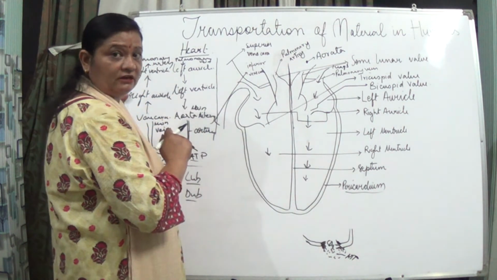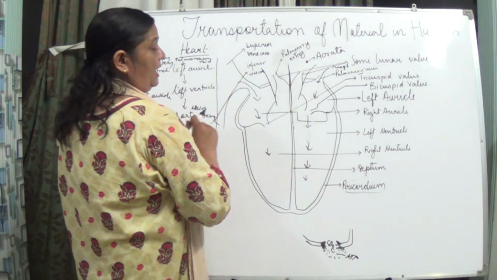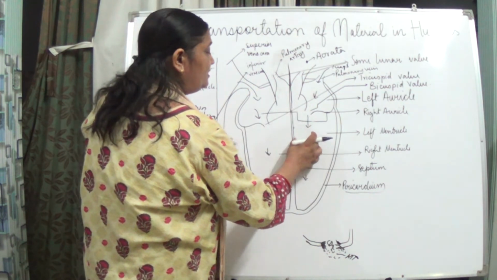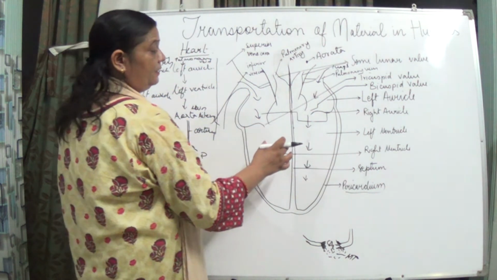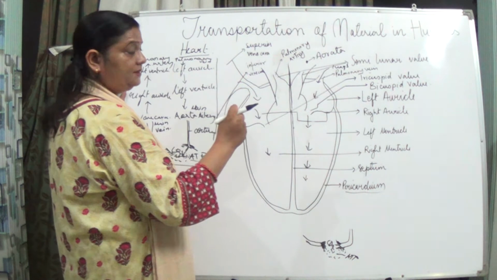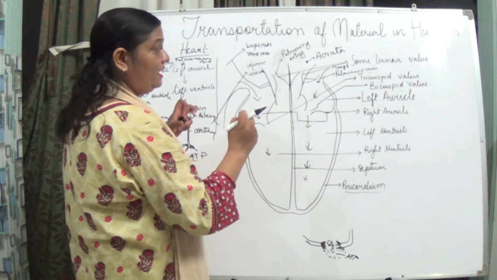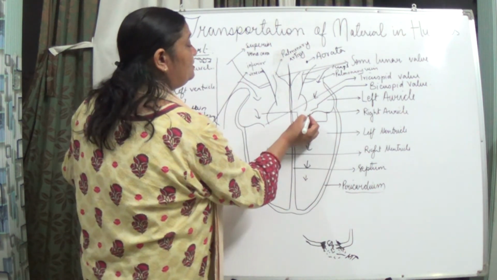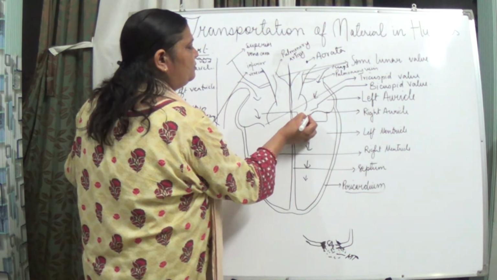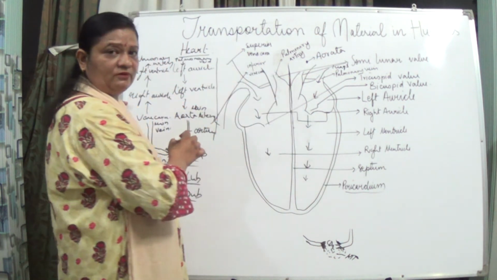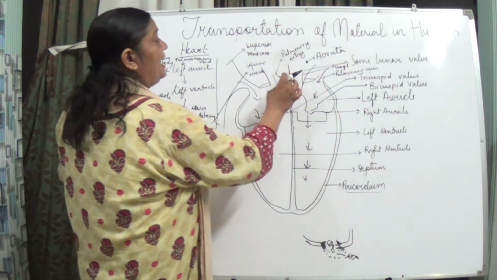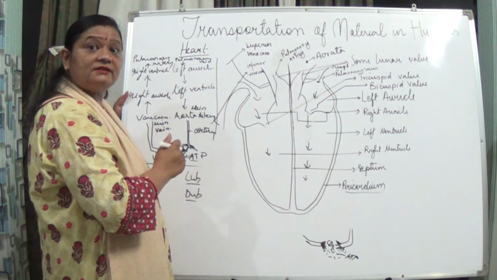The semilunar valve is closed. Once the left ventricle has got the blood, pressure is created and it contracts. As soon as it contracts, within a fraction of a second, the bicuspid valve gets closed and the semilunar valve gets open.